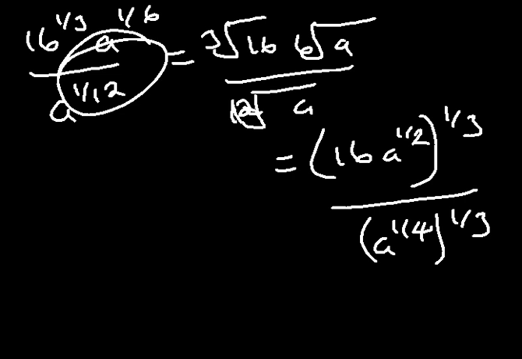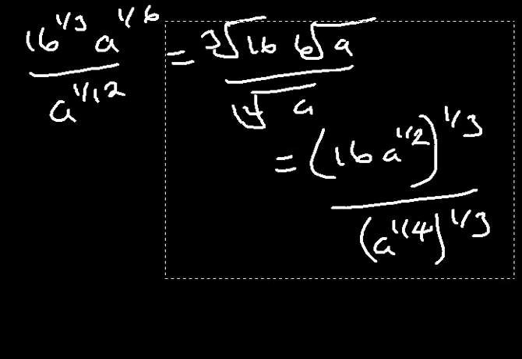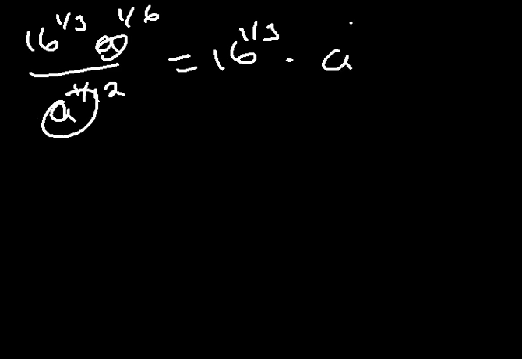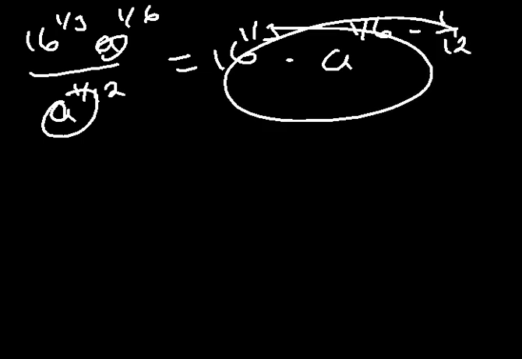Further using the laws of indices, since the bases are the same, we'll have 16 to the power 1 over 3 times a to the power 1 over 6 minus 1 over 12. So try to work it out in that way.